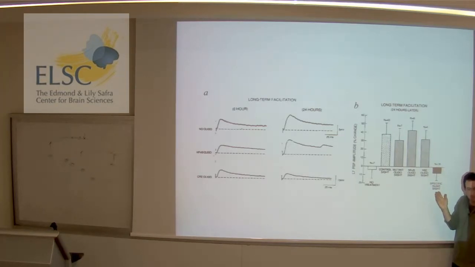It's not that big a deal because you've just sort of stepped on your cells and show me that it doesn't do any facilitation. But they want to show something specific for the CREBP.